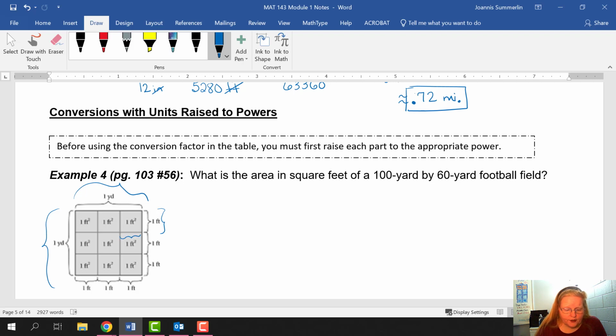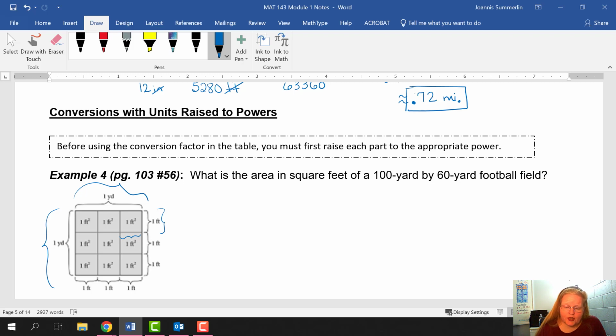So 1 yard might be 3 foot, but you can't say that it's 3 times 1. So you have to be very careful about how you do feet squared and yards squared.